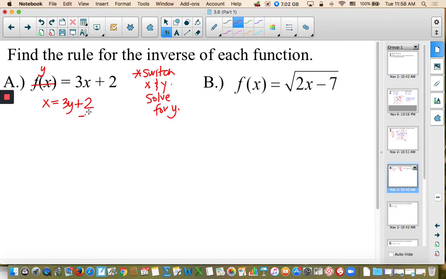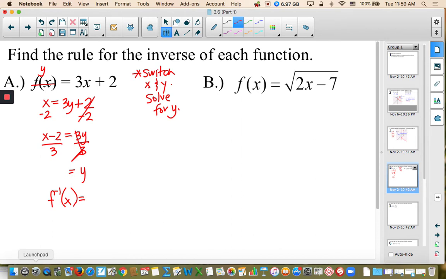So I'm going to subtract 2 from each side. I have x minus 2 equals 3y. I'm going to divide both sides by 3. Looks weird, I know. That crosses out. I get y equals. Now, instead of y equals, I'm going to write it as f inverse of x equals, right?